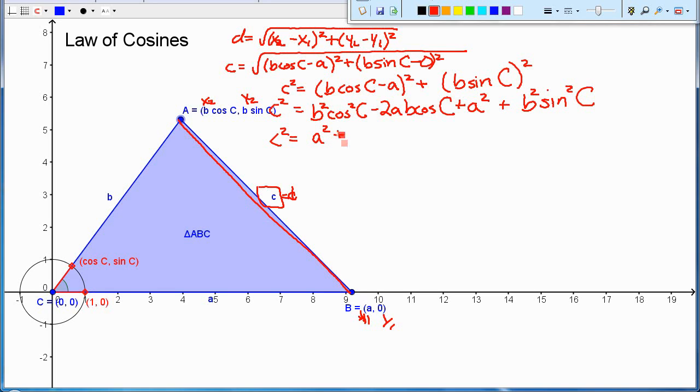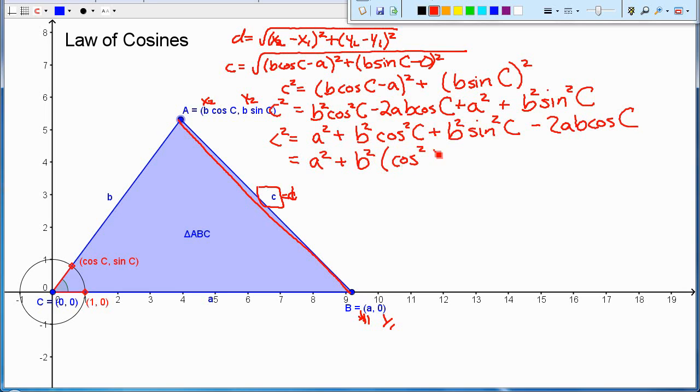I'm going to put b squared cosine squared C, add that to b squared sine squared C, and at the end I'm going to subtract 2ab cosine of C. The reason is that I can factor out a b squared from cosine squared C plus sine squared C, leaving a squared and minus 2ab cosine C alone.